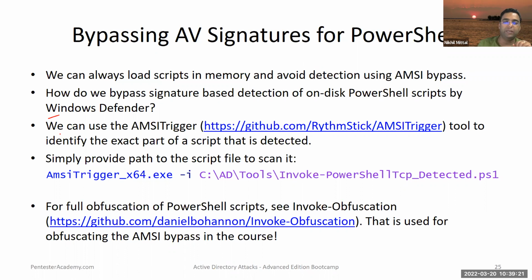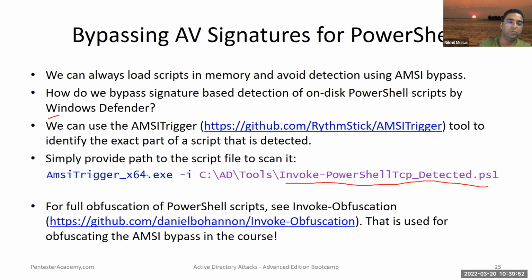For that, we can use MZ trigger. What MZ trigger does is it helps in identifying almost the exact part of a script that is detected. For example, in your tools directory, you would have a script called Invoke-PowerShellTcp_Detected. I can simply run MZ trigger on that one to find out what is the string that may get detected by Defender.